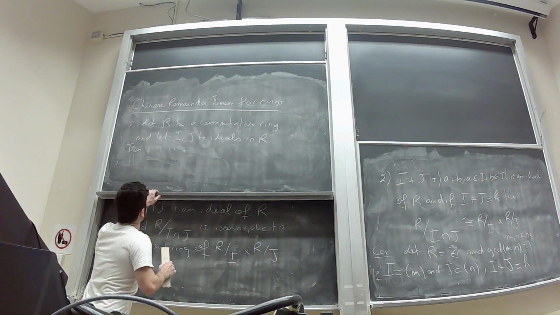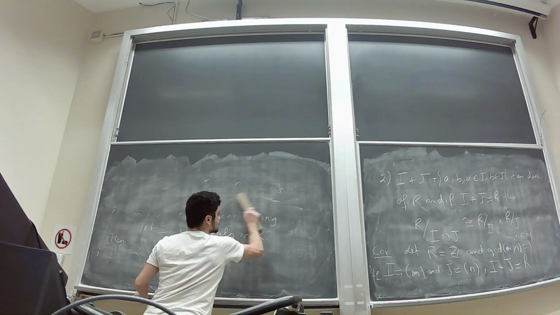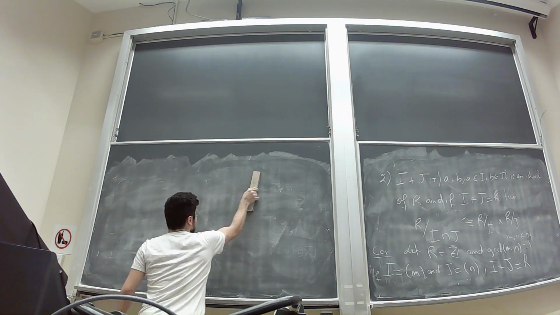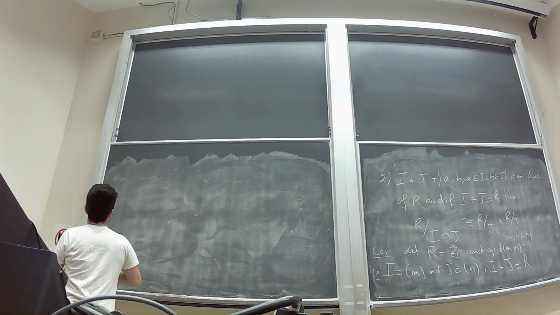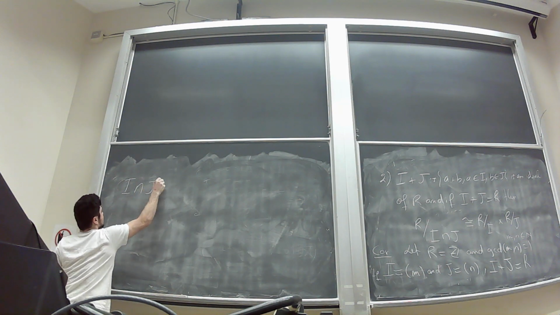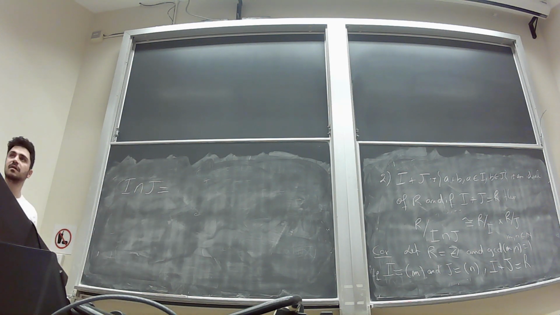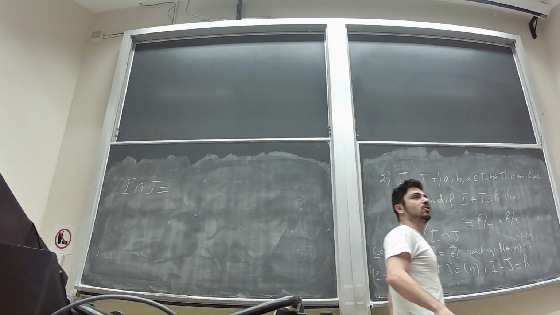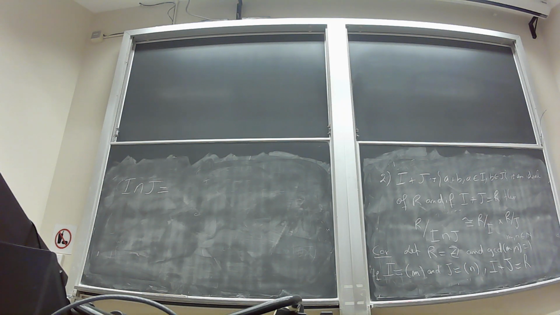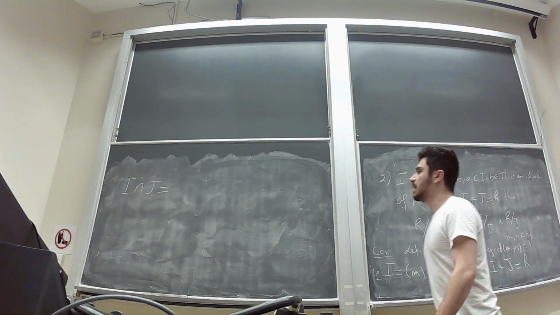And what is I intersection J in that case? I intersection J is the common multiples of m and n. If m and n are co-prime, the common multiples of m and n are the multiples of mn, right?